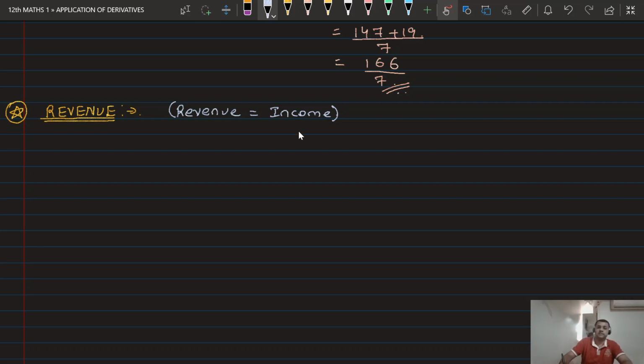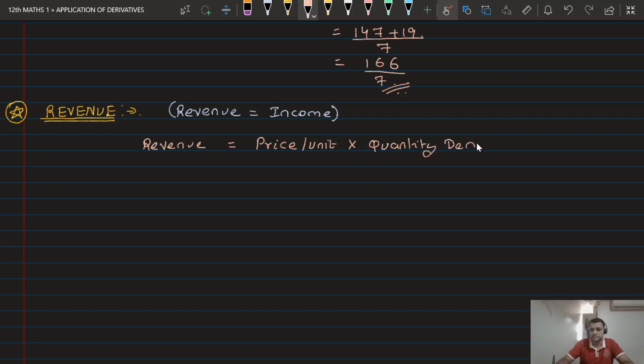So in short, a very important point I need to remember over here is that revenue is always equal to price per unit multiplied by quantity demanded.